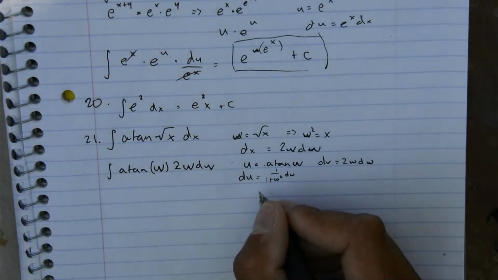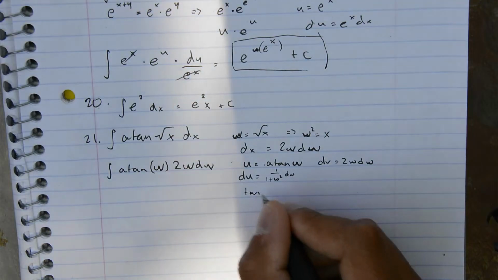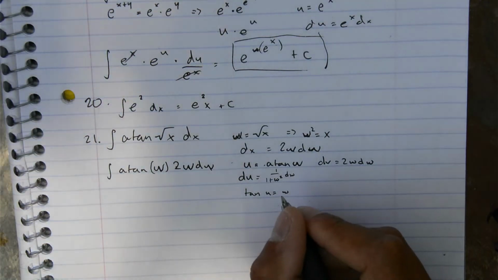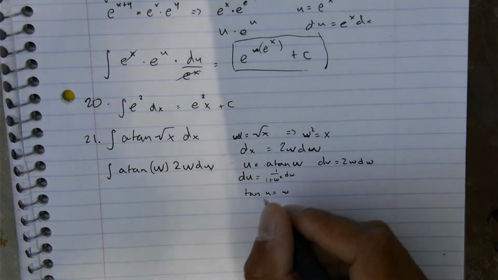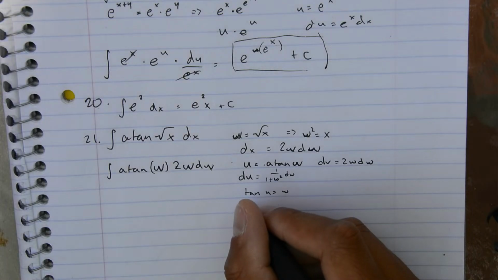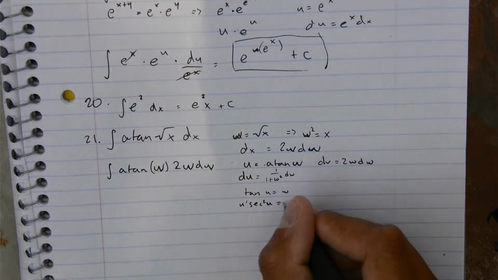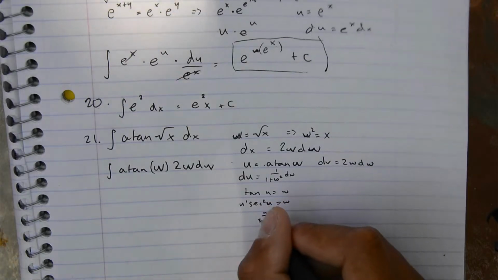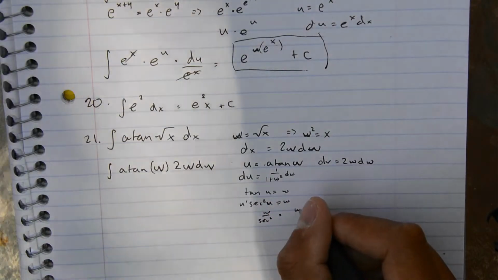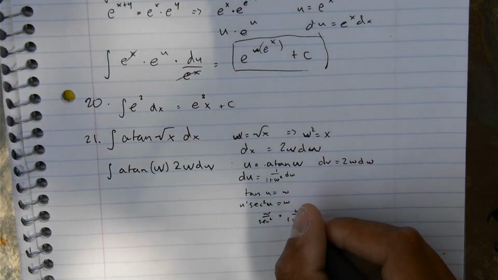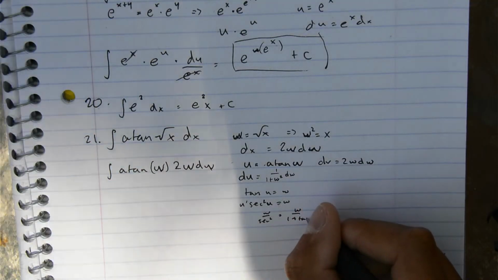So, okay, if we have tan u equal to w, we're going to get u prime sec squared u equals w over sec squared. This is going to be equal to w over 1 plus tan.